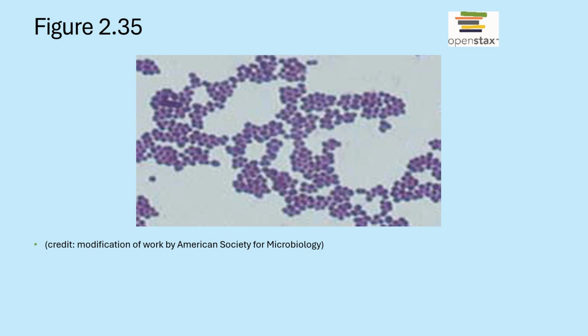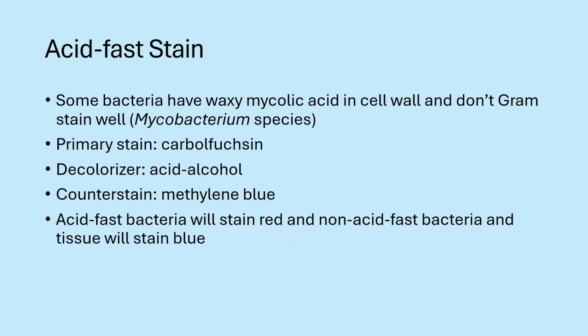Usually you cannot tell genus and species from looking at a gram stain. It helps to narrow it down. But because this clustering is unique to Staphylococcus, I could say with pretty good accuracy that this is Staphylococcus. I just don't know which species, but it's definitely gram-positive because it's purple. See, it's all part of that puzzle.